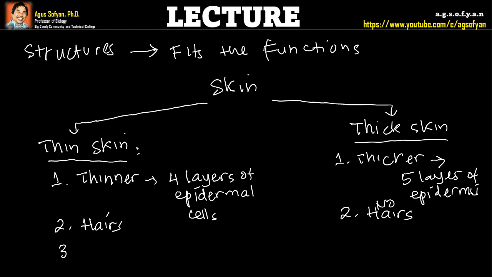That's the reason why your hair is shiny and oily, because the hair is connected to the oil gland. Therefore, in the thin skin you will find oil glands, but in the thick skin there will be no oil glands.